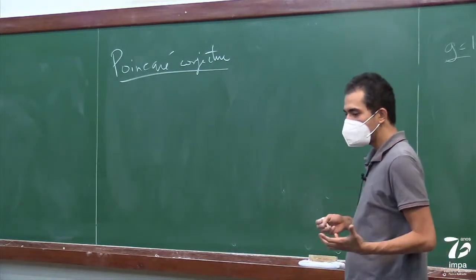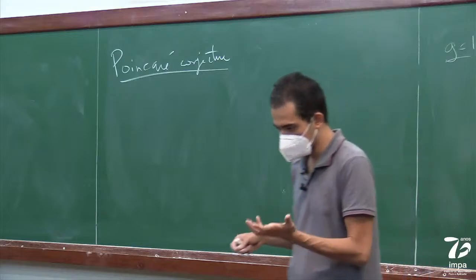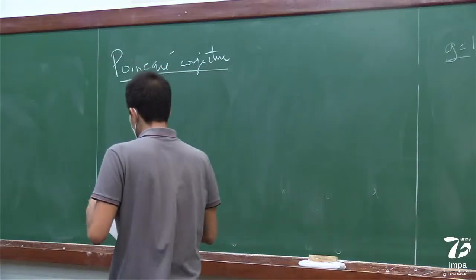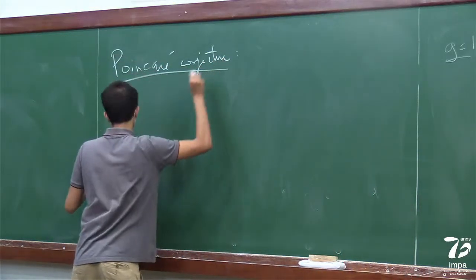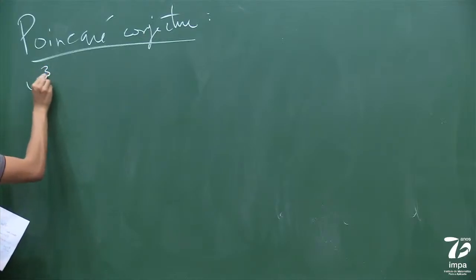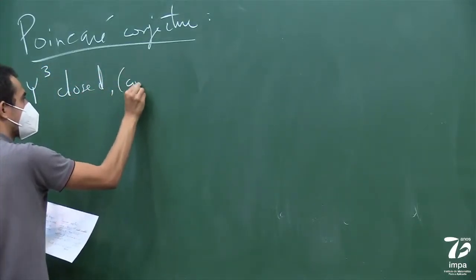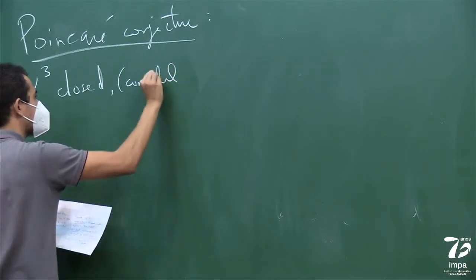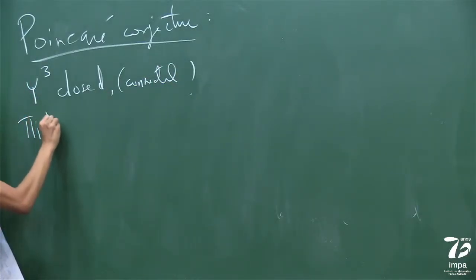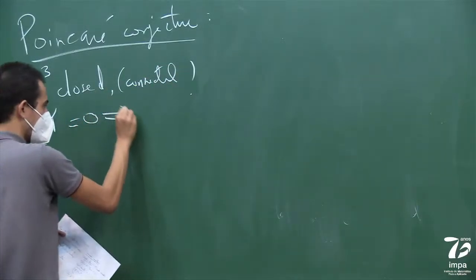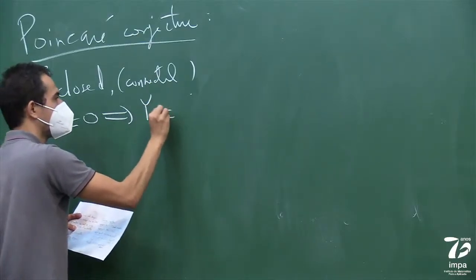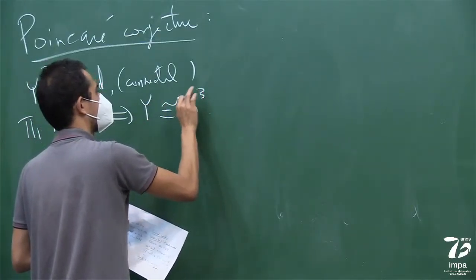But then he still didn't manage to prove what he wanted, so he stated a conjecture. What Poincaré stated was that if you have a three-manifold Y which is closed and connected, and if pi1 is 0, then Y is a sphere.